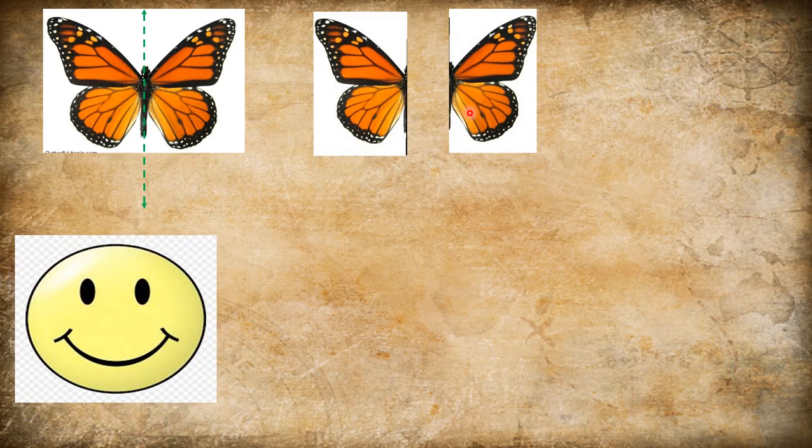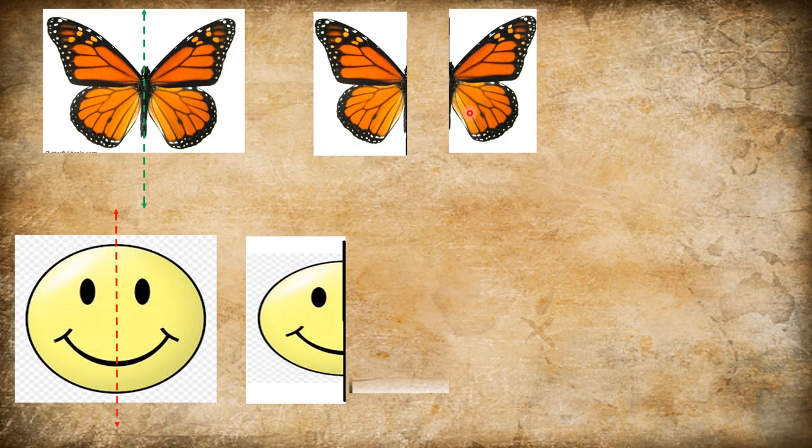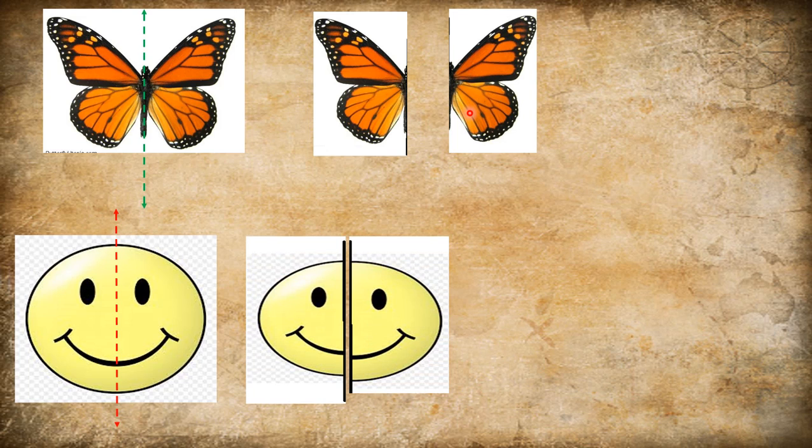Similarly, when there is a smiley, we can also draw the two halves of this smiley by drawing this line vertically. So these are the two equal halves, which look exactly the same.